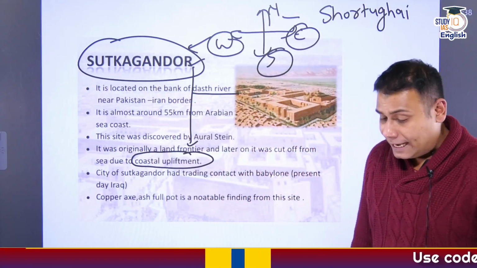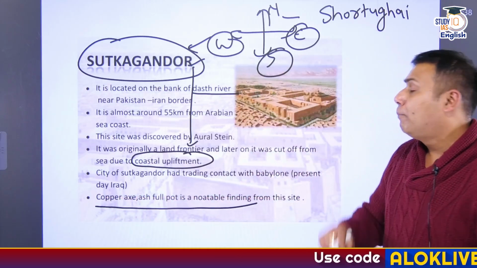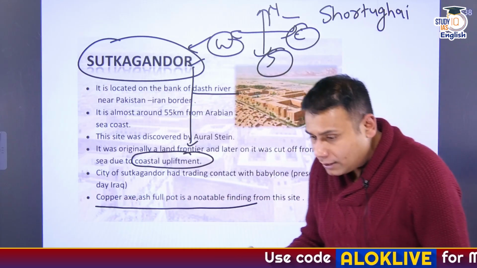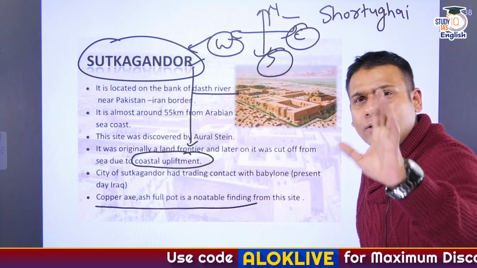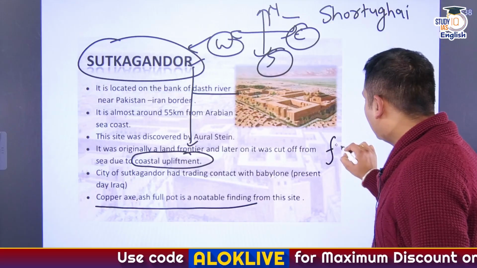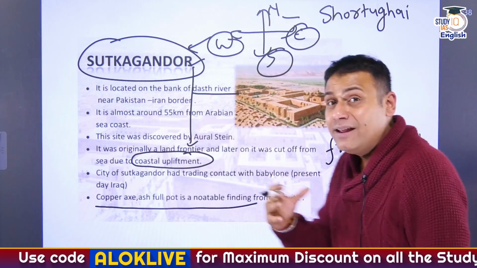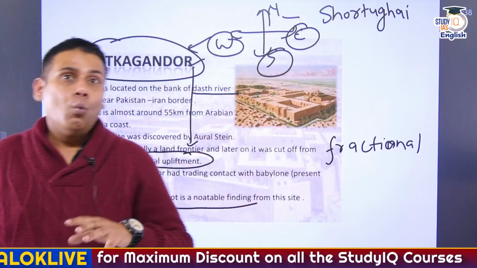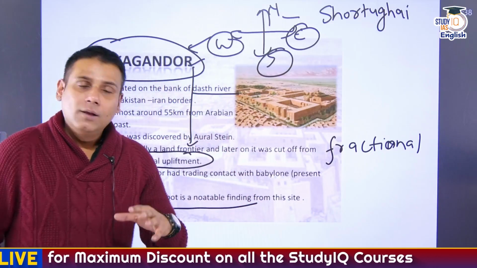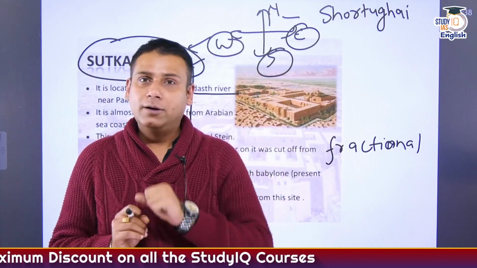First point. Second, at this site, a copper axe and ashful pot were observed. So what does ashful pot suggest? It suggests one important thing, that people at Sutkagendor might have practiced the fractional burial system or partial burial system. What is fractional burial? If a person dies, he is cremated, like his body is burnt.